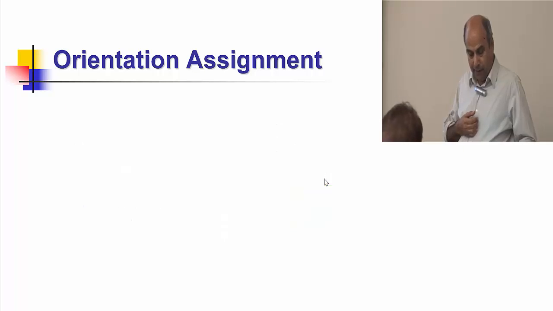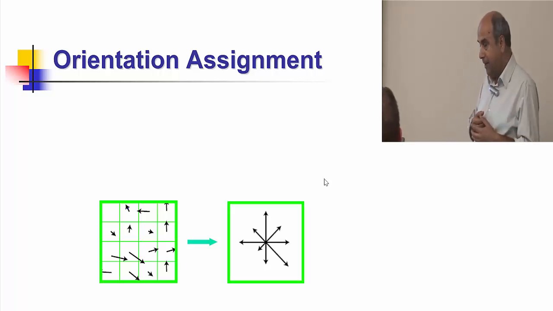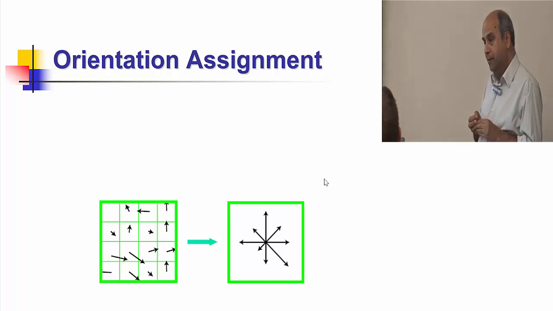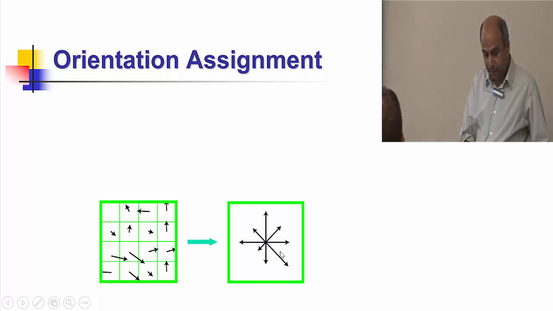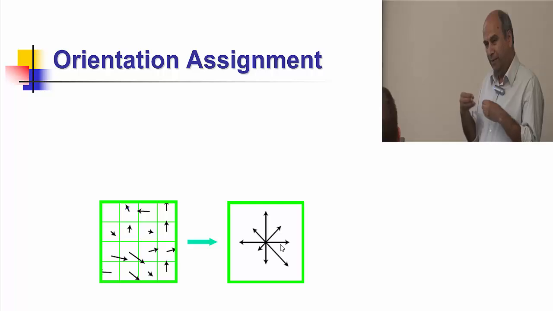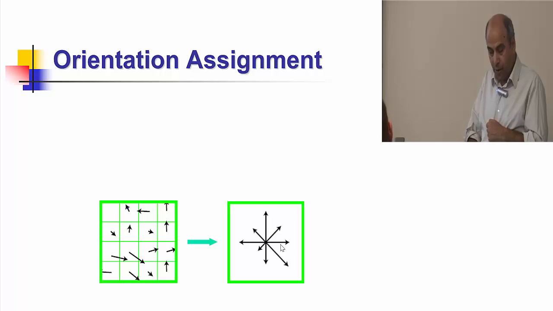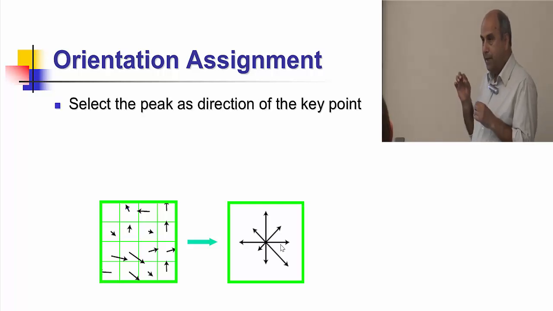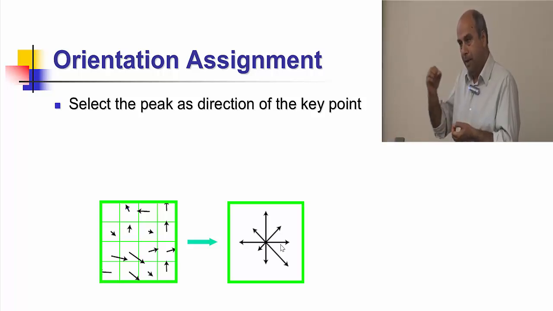So that's what we are going to do. Now suppose for this one, this can become a histogram showing that we have a lot of pixels in this direction, few in this direction, and so on. This is showing not all 36 bins, but this is just an illustration. This is a kind of histogram, even though the histogram will be one dimension. So then in this histogram, whichever bin has the highest number, it will have 36 bins.